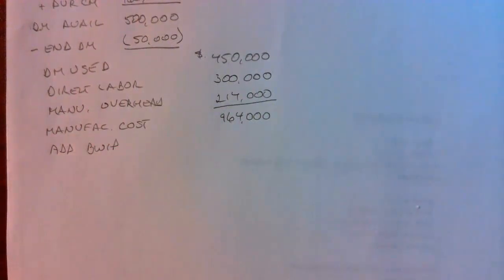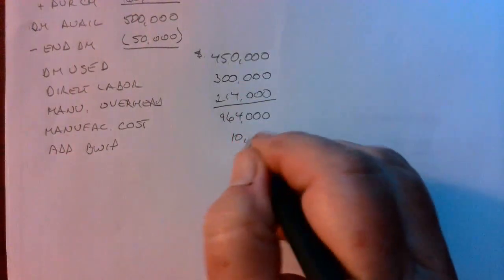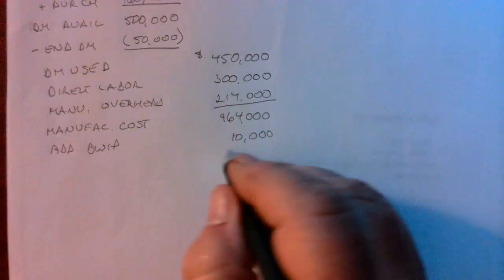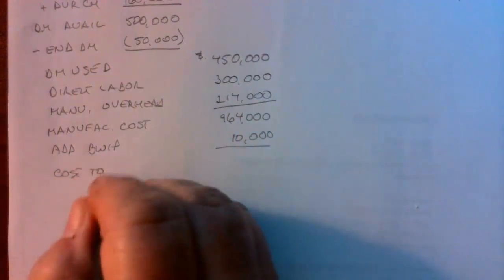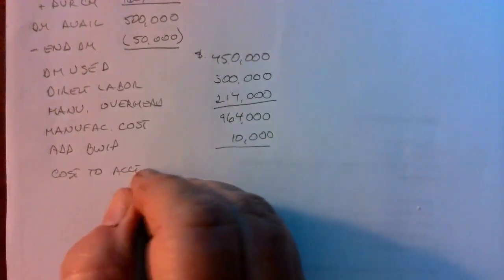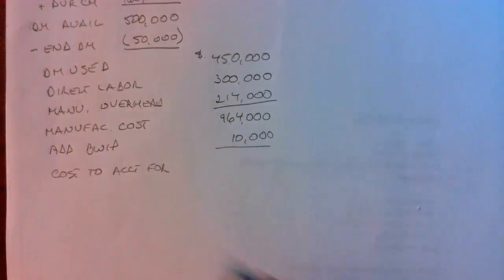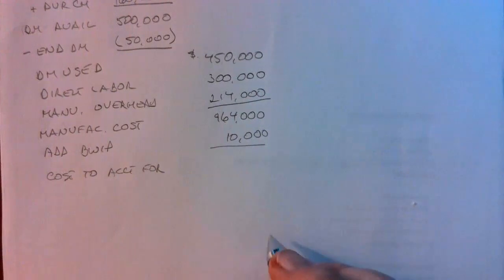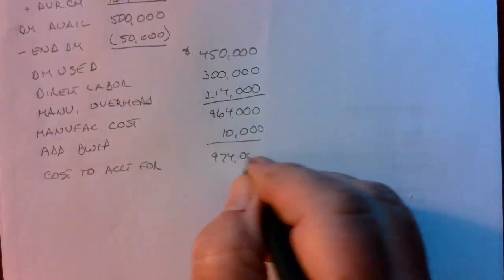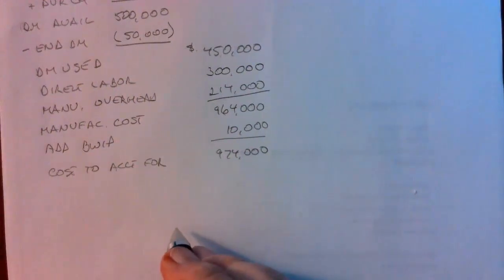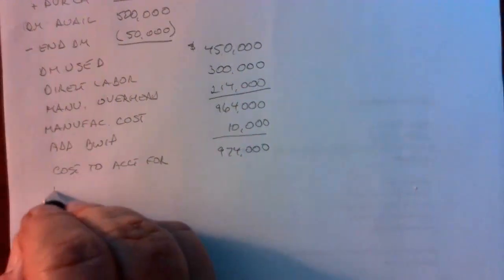Then I'm going to add beginning work in process. You can always call that the WIP. That's 10,000. And I called this cost to account for. That's sort of from process costing, I guess. That's 974, less ending work in process.